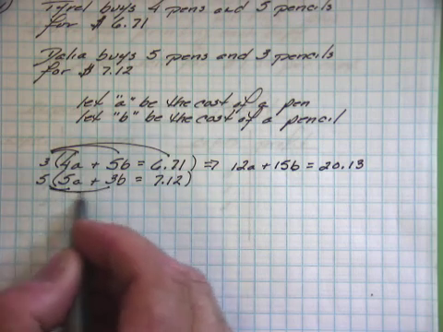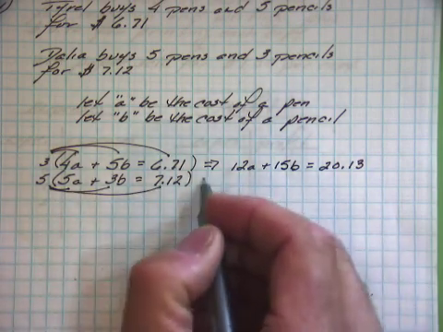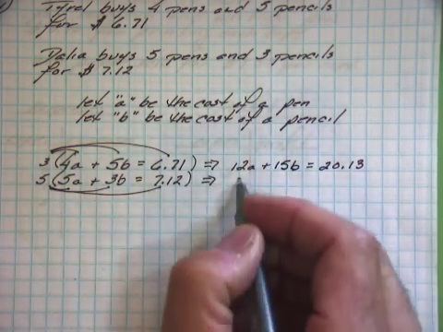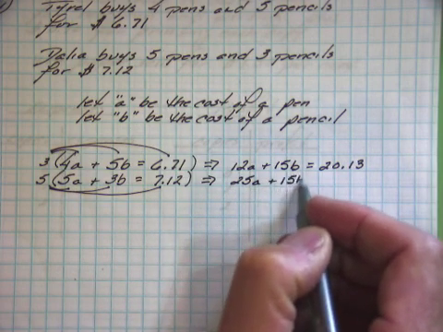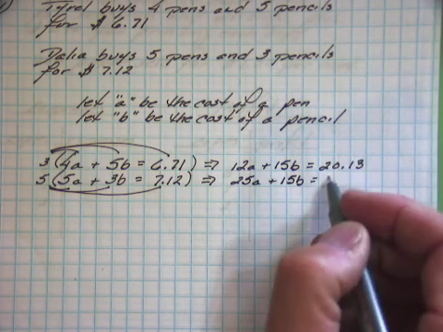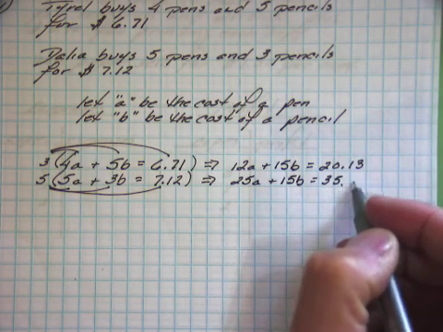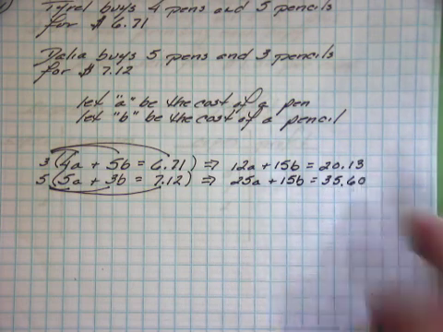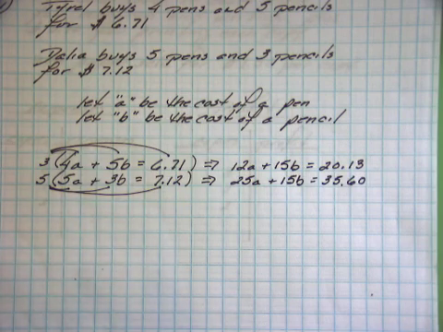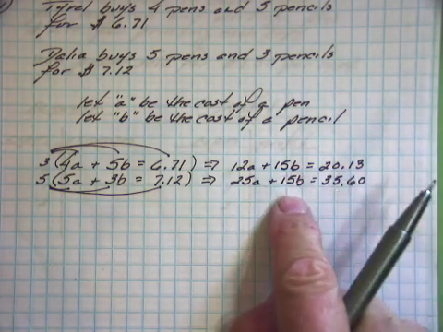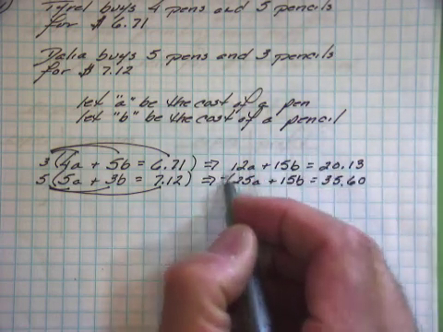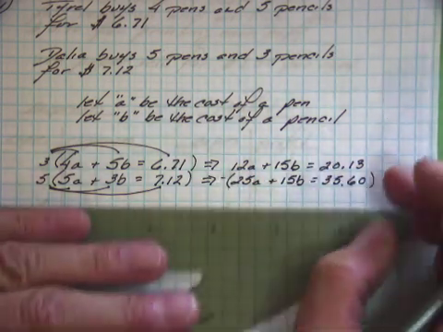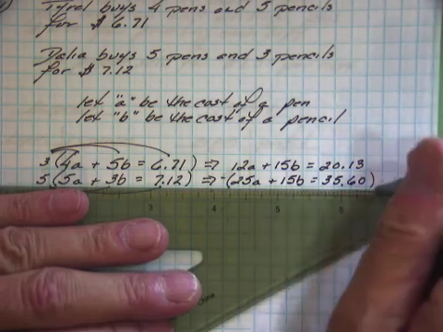And then doing the bottom one, this becomes 25a plus 15b equals 35.60. Okay, check my arithmetic for me. Well, now, the b terms have the same coefficient, but they're both positive, so I have to subtract.